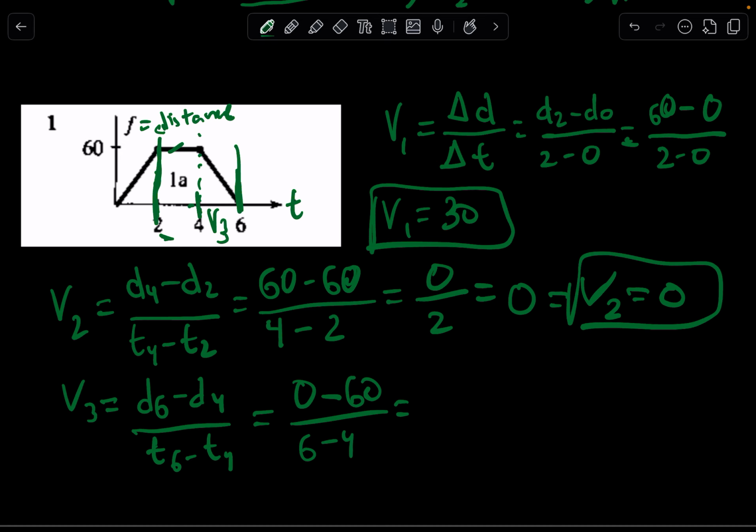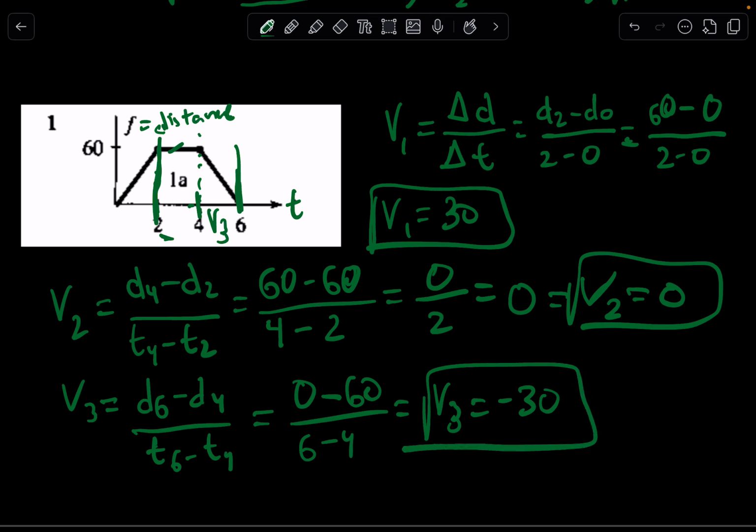This is going to give us our V3 is equal to negative 30.